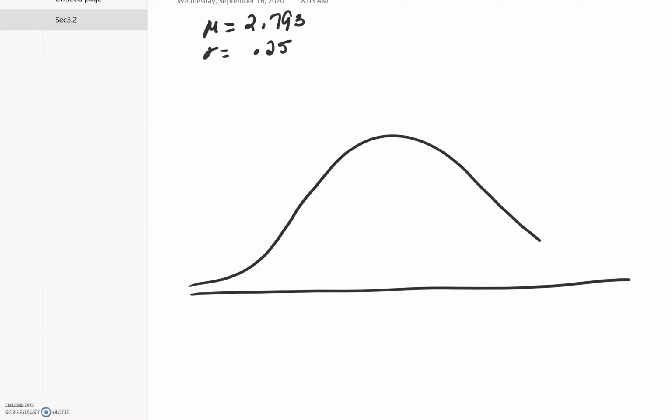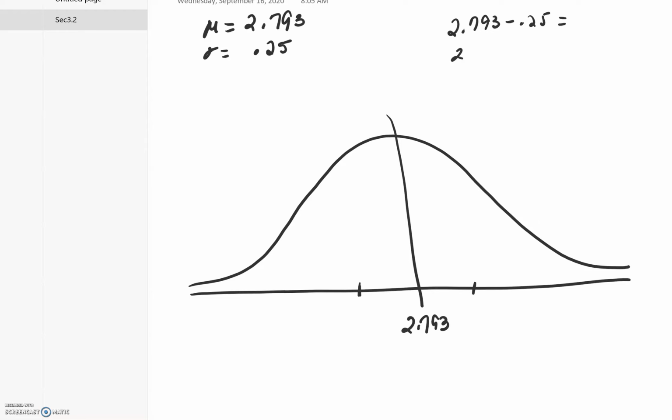I make my little diagram and I put the mean right in the middle, 2.793, and now I want to go out 1 standard deviation, so I'm going to go 2.793 minus 0.25 and 2.793 plus 0.25.